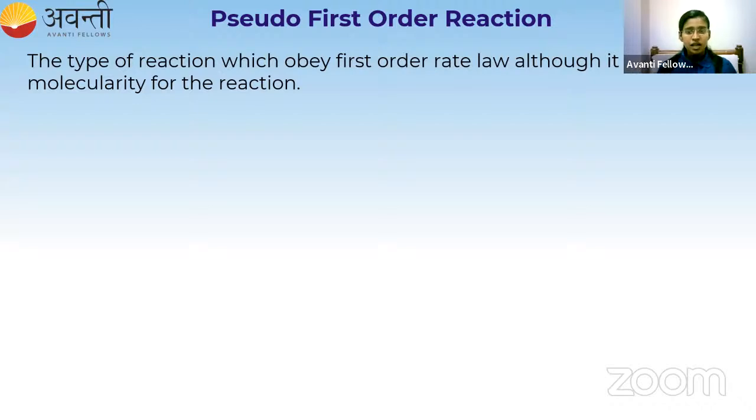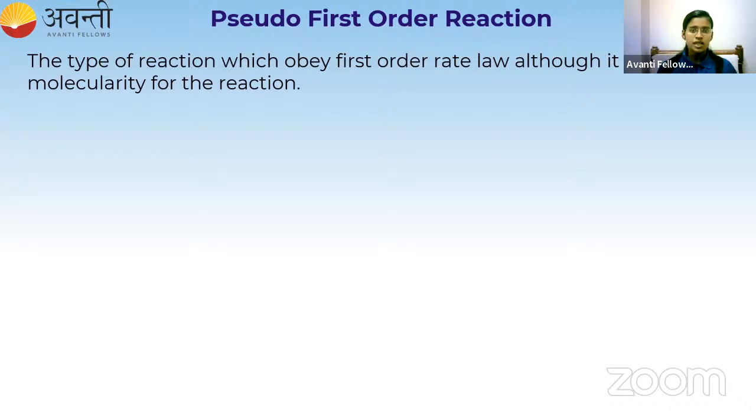What is meant by higher molecularity? We may have more than one molecule. We may have two molecules, three molecules, etc. But whatever the molecularity of the reaction, the order of the reaction is 1. Those reactions are called pseudo first order reactions.